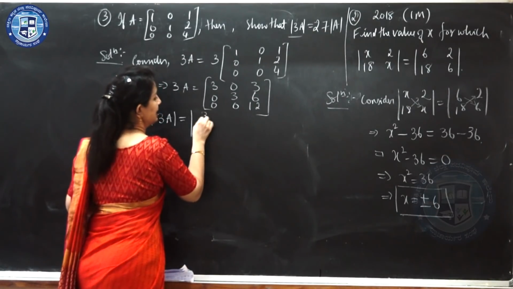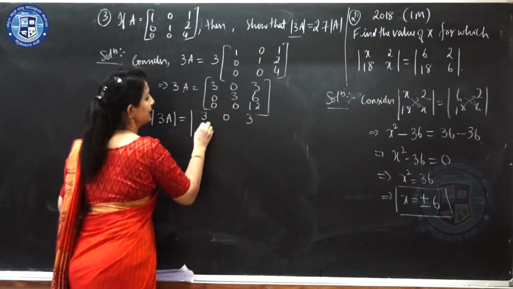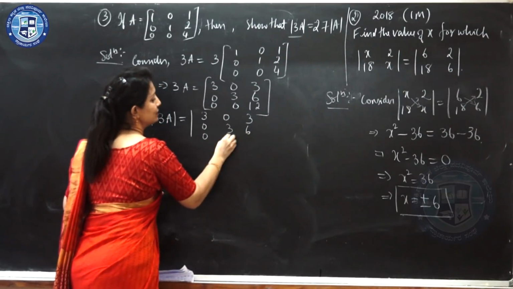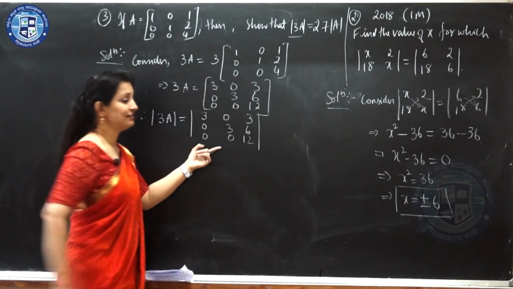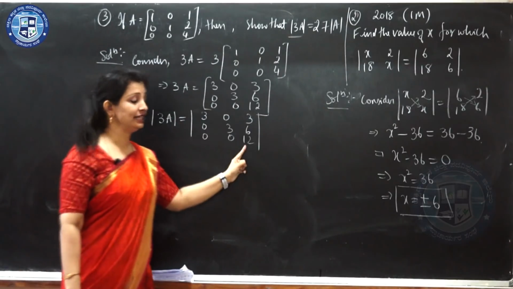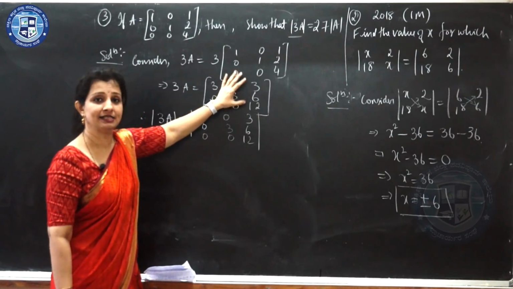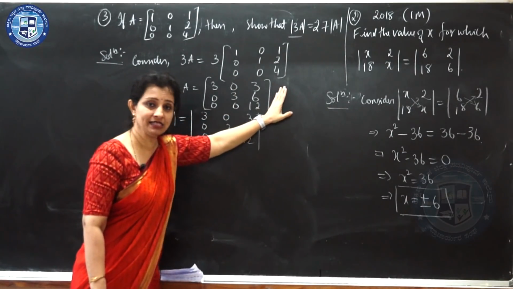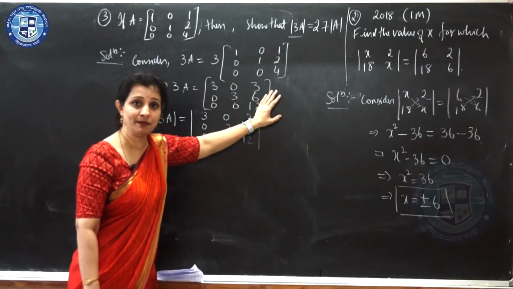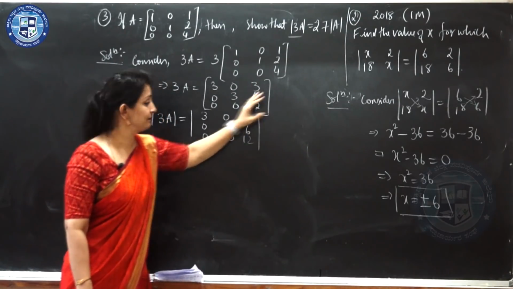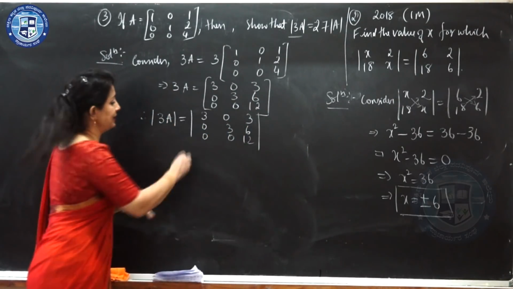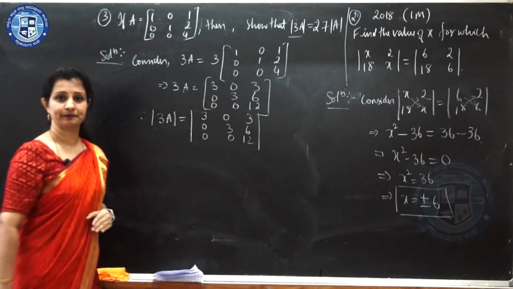So it is 3 0 3 0 3 6 0 0 12. Only after writing in the form of determinant, you please expand, students. As it is a matrix, don't try to expand this, because this is just a representation or arrangement of numbers. Now change it to determinant, then we can assign a value to it.